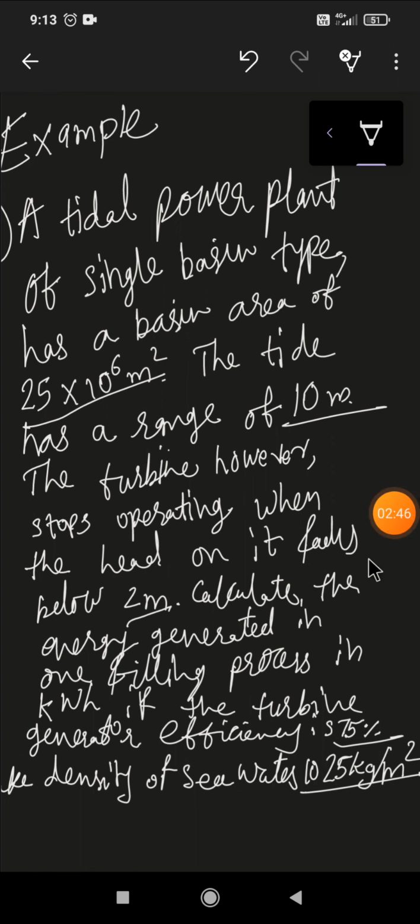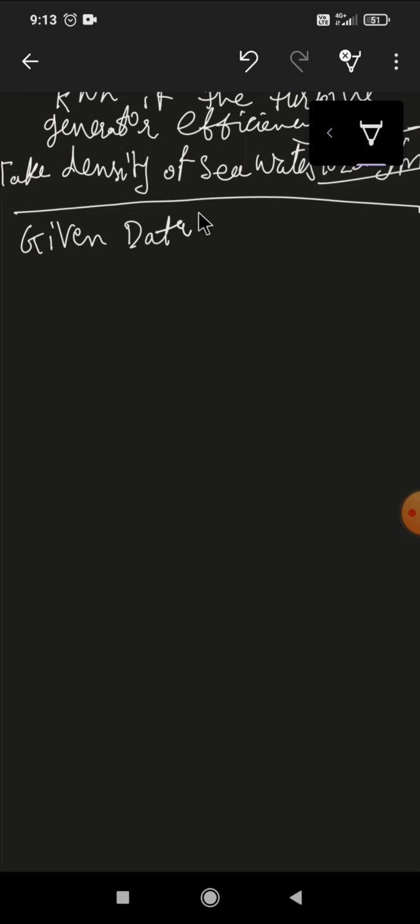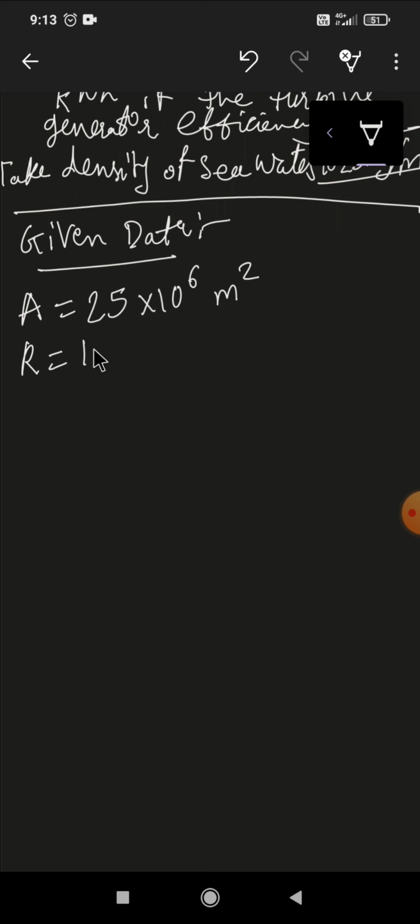So let's list out the data. Area is 25 into 10 raised to 6 meter square. Then range R is 10 meter.